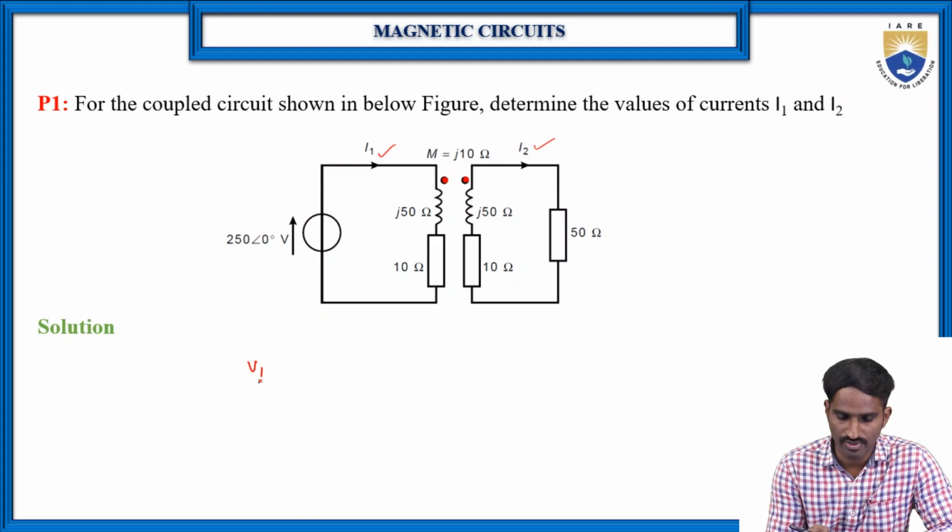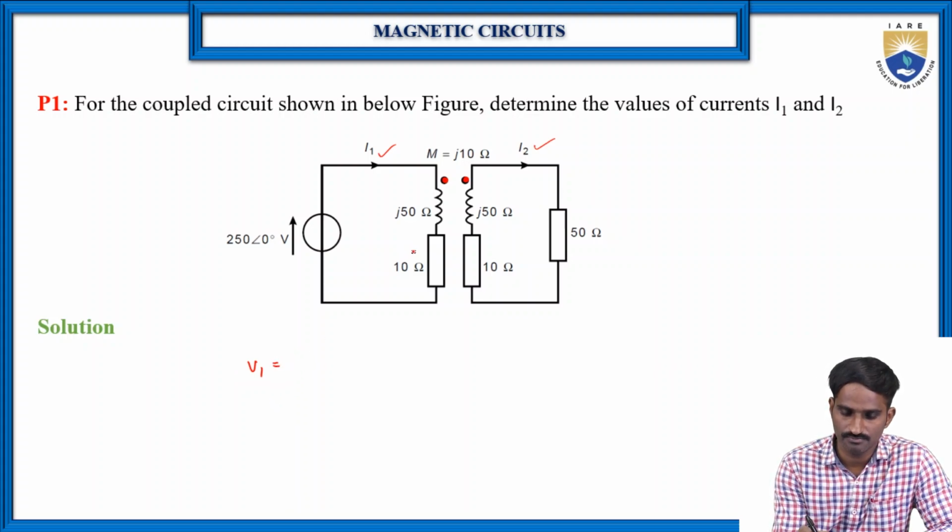V1. We already know how to write the voltage across the primary winding. V1 is equal to, first of all, the voltage across the primary terminal due to the current I1 flowing through it, which means due to the self-inductance.